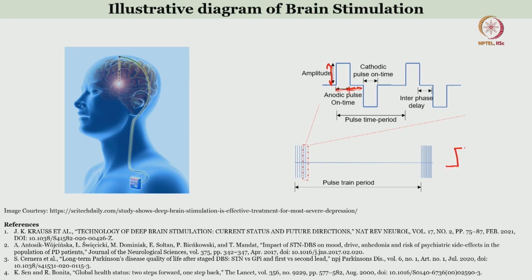This is a positive level, let us say the positive phase, and before the negative phase comes, there should be a time delay. Typically this is around 100 microseconds. This on time is typically 200 microseconds, and this will be around 200 microseconds. In the coming slides, I have given the references as well, so you can go through and see what the parameters are.